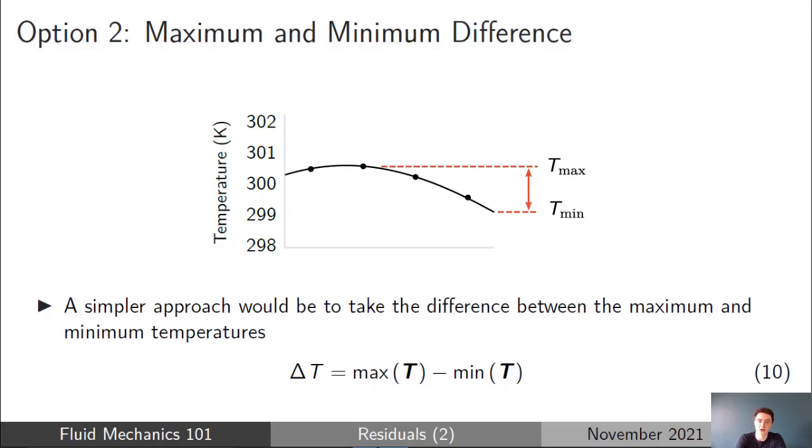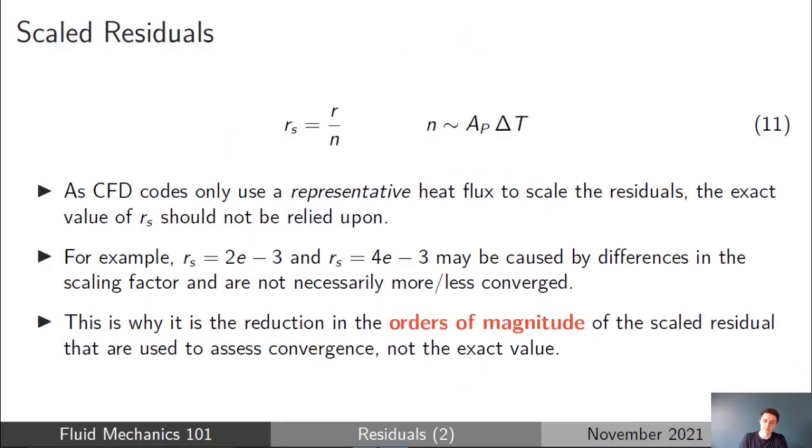It might be a bit larger than the previous guess, but generally for us, we don't care about what the actual heat flux through the bar is at this stage, because remember, you're just churning through the iterations of the CFD process, and you just want a quick look to see how close I think my solution is to convergence. And because we're using a representative heat flux, this is one of the reasons why the exact number of the residuals isn't important when you're assessing convergence.